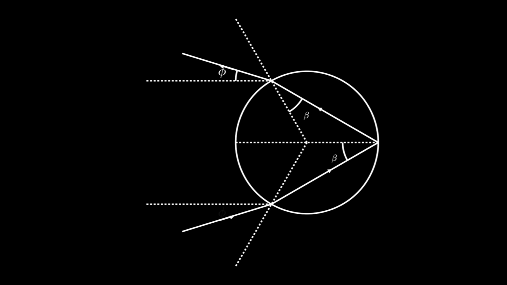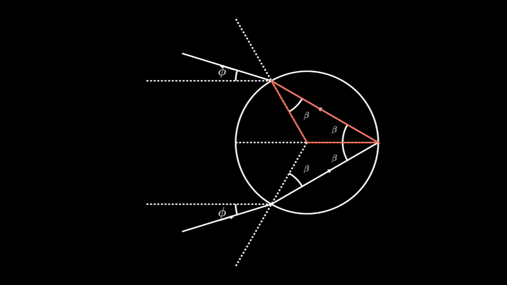Having done this, we can see that this bottom angle must also be phi, because it's the angle between incident light and light that experiences a bend upon entering water. That's just how we first defined phi. So by definition, this refraction angle also has to be beta. And by the same logic as we saw above, the angle of reflection with respect to its own normal is beta as well.